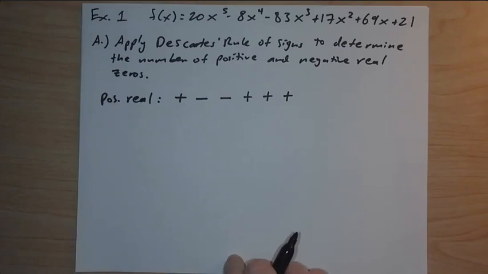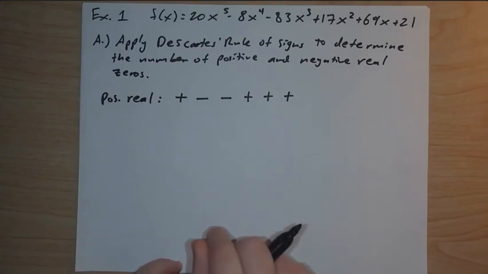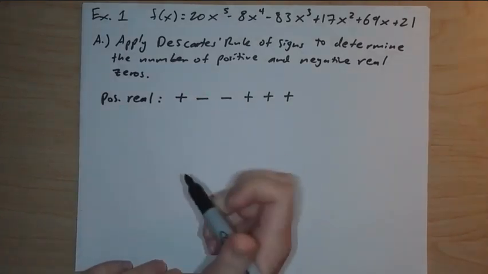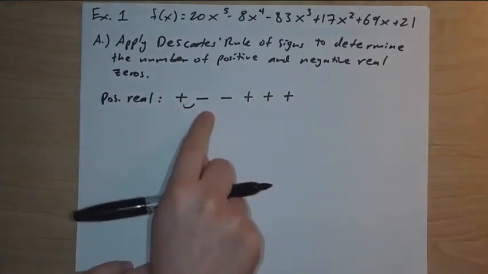And what Descartes' rule of signs says is that the number of positive real zeros of f either equals the number of variations in the sign of the non-zero coefficients of f(x), or else equals that number less an even integer. So we're going to count the changes of sign. Here's one change of sign, from positive to negative.